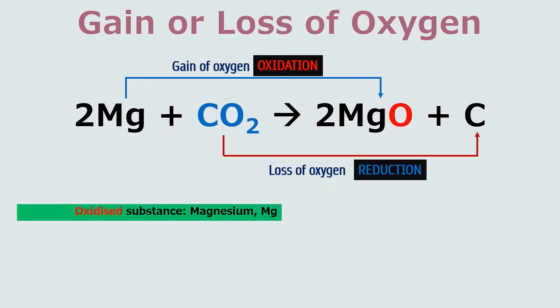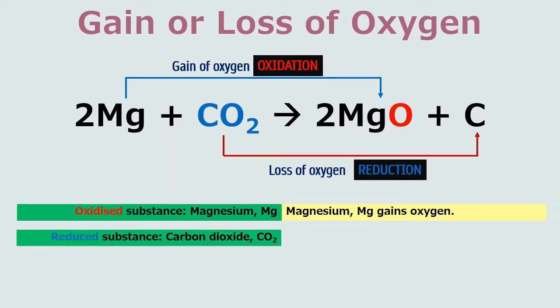The oxidized substance is magnesium because magnesium gains oxygen. The reduced substance is carbon dioxide because carbon dioxide loses oxygen.